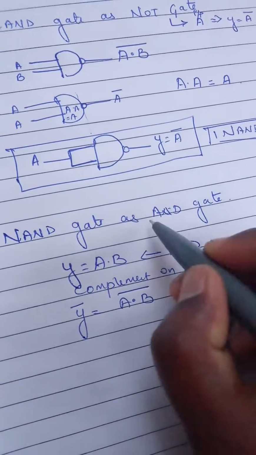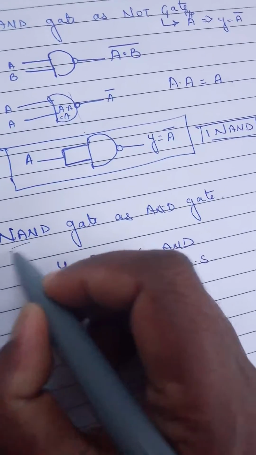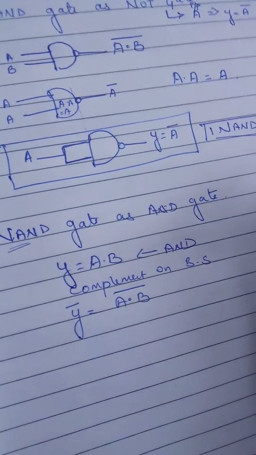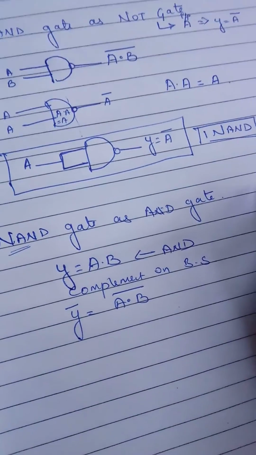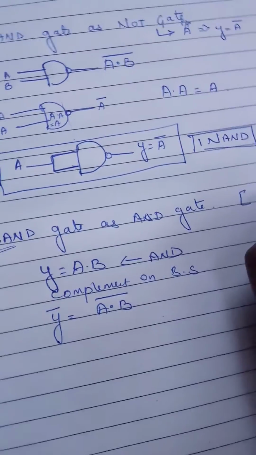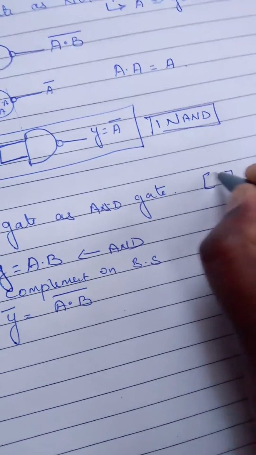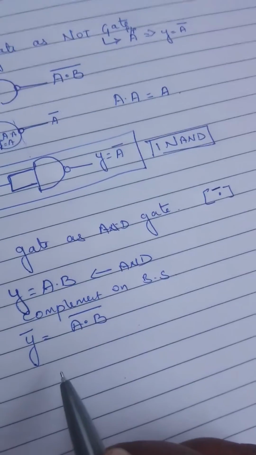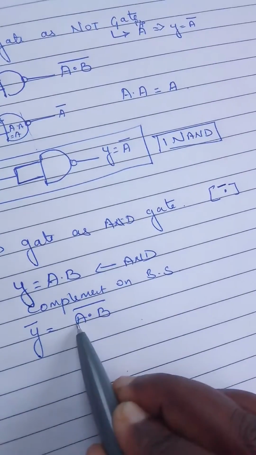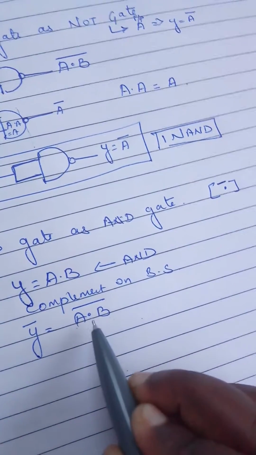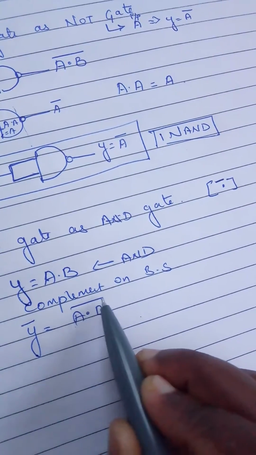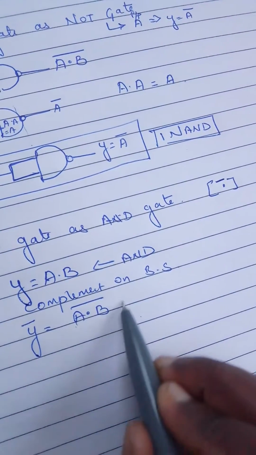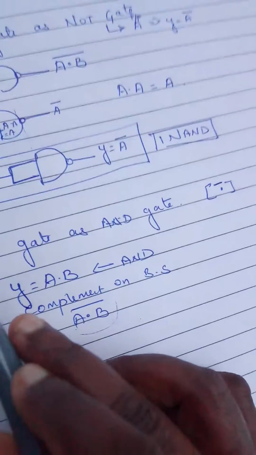Whenever you're implementing any gate using a NAND gate, you have to get the relationship between two variables or between two terms as dot and complement. Here in this example, you can see that between two variables, A and B, there is the relationship dot and complement, which can be implemented using a NAND gate.